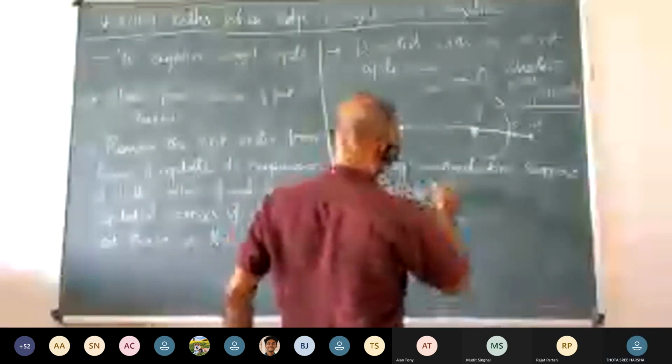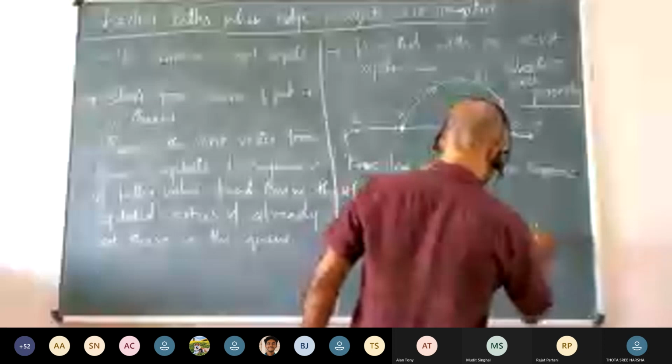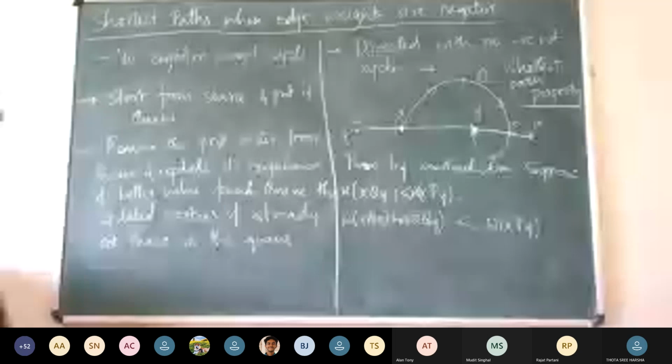Is this fine on the left hand side? Yes, sir. Okay, so this is strictly less than the weight of the path XPY. Okay, so now what you do is add to both.